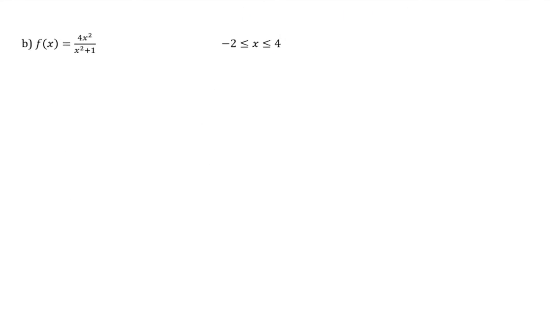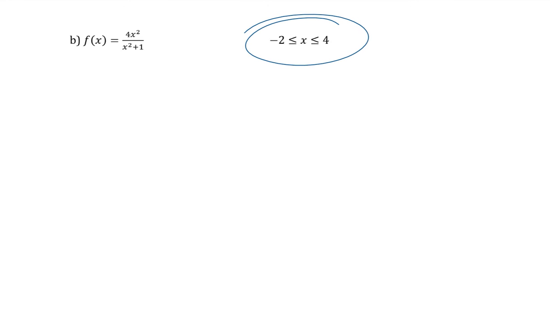So this one, B, is not a polynomial function, right? So we know that right off the bat. We know that there's something else going on here, some different things going on here. But we're going to do the same thing. We notice that this interval was given in set notation, okay, the domain that we're going to be working in.